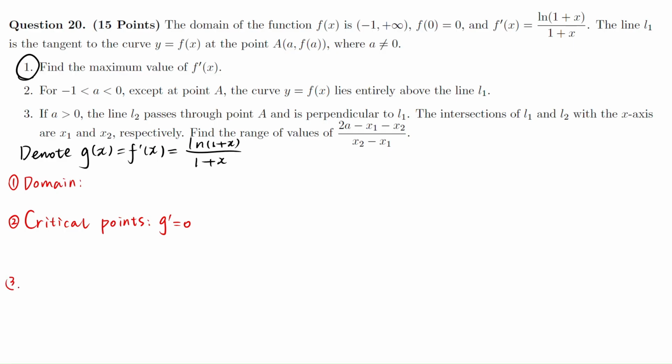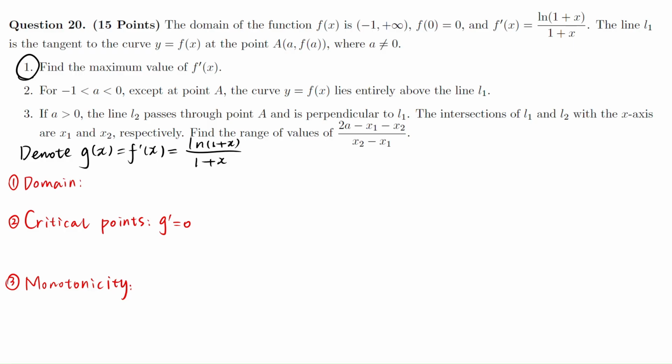So step number 3, after finding the critical point, we can determine how the function goes on the left side of the critical point or on the right side of the critical point. It is described as the monotonicity. We can describe whether the function is increasing or decreasing.